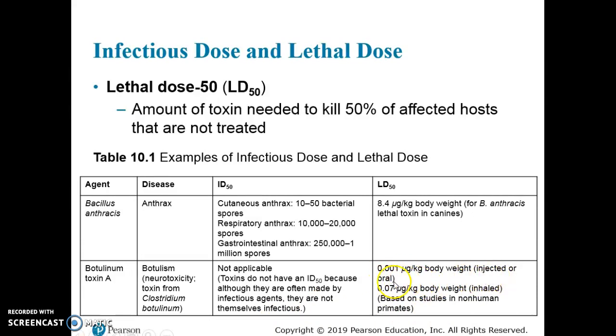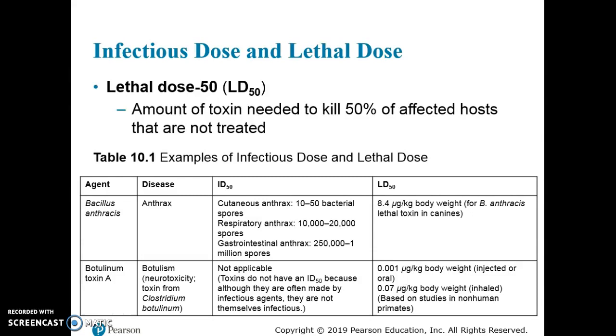But, all right, if they are injected or if you give them orally, look at this value, 0.001 microgram per kilogram. All right, if that is injected into someone, all right, that's huge. That is such a small amount that gets into a person, and it moves throughout their entire body, and it causes flaccid paralysis. All right, your muscles cannot move.